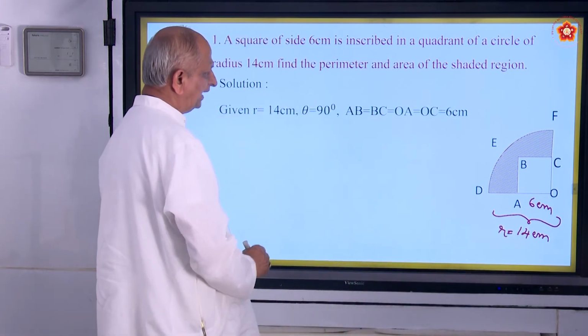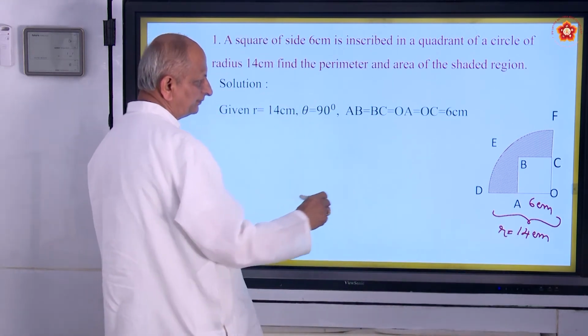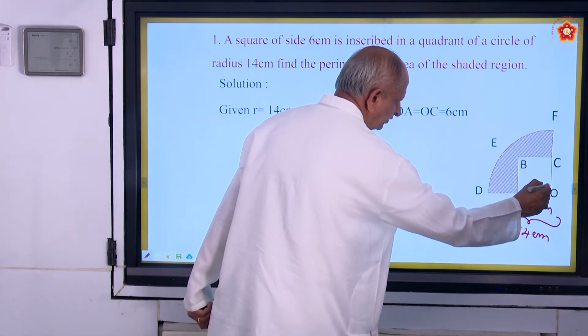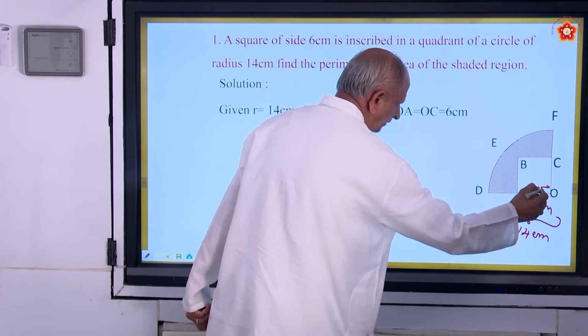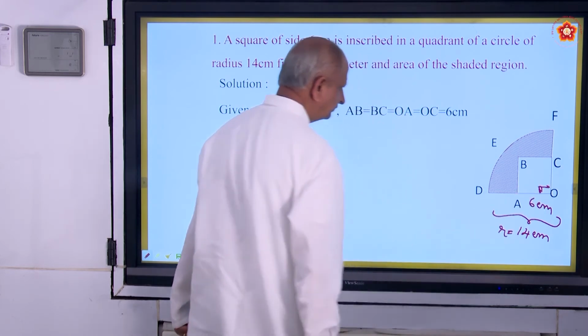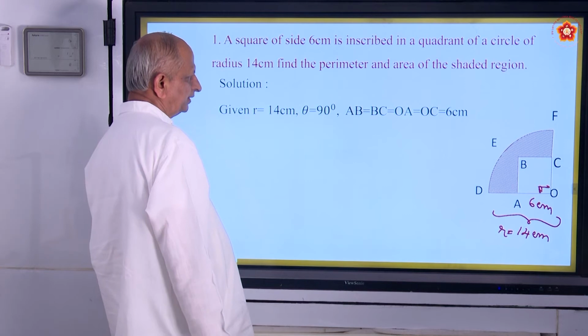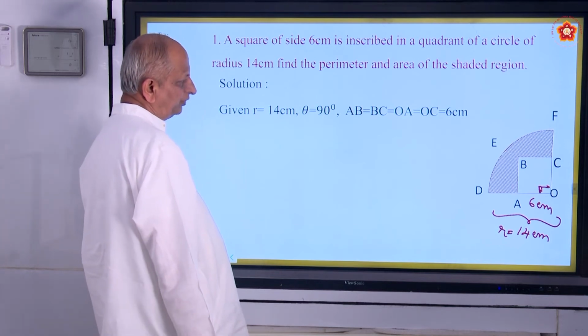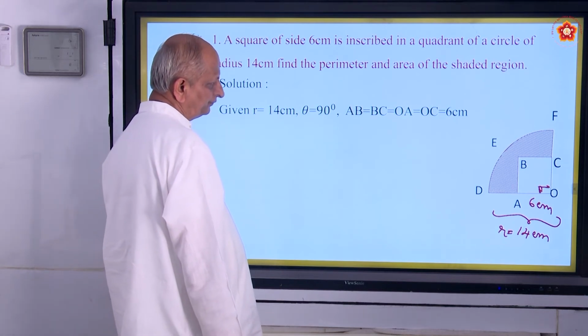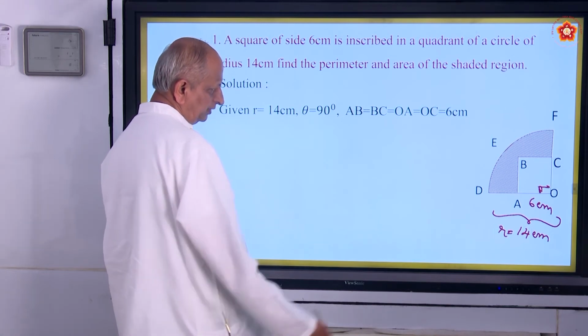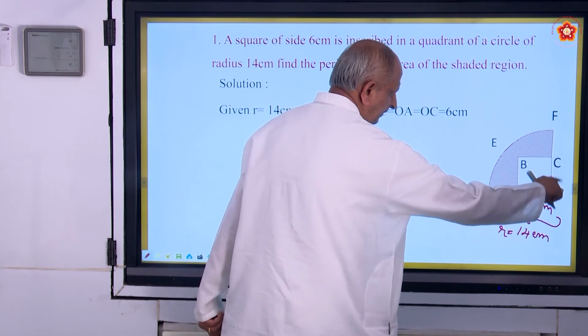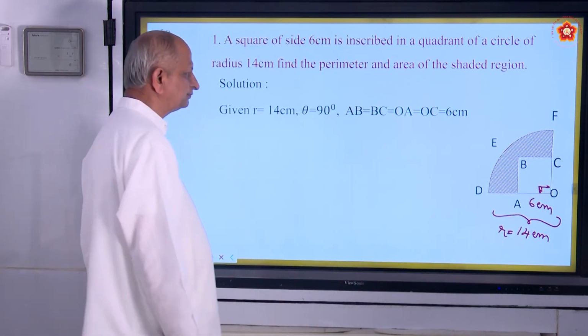And then the angle is 90 degrees, because it is a square, the angle becomes 90 degrees. Then AB is equal to BC is equal to OA is equal to OC, because it is a square, all of them are equal to 6 centimeters.